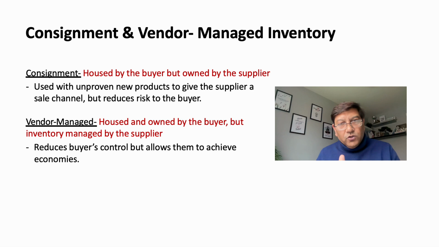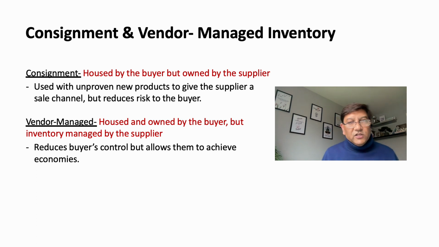Until the stock is sold, that is still my inventory. The buyer is not responsible for selling the item, or they might be responsible, but they are not liable until they sell the item. So I'm not keeping that inventory in my warehouse. I'm keeping that inventory in the buyer's or the retailer's warehouse. They keep the inventory, and whenever it sells, they are going to pay me.